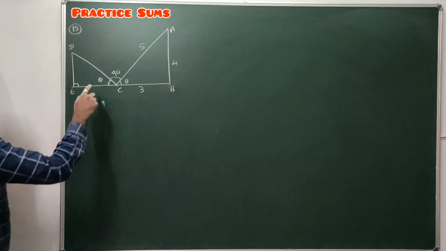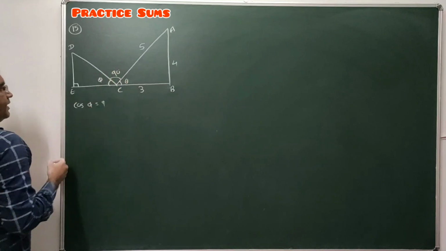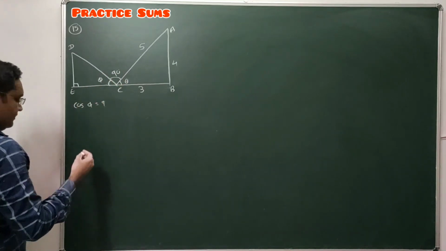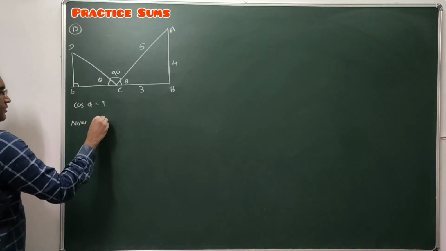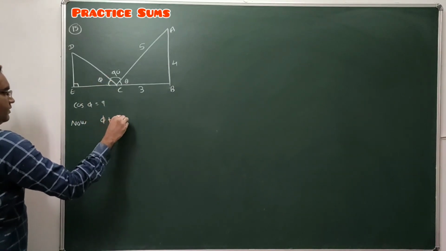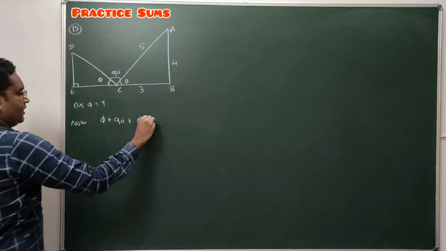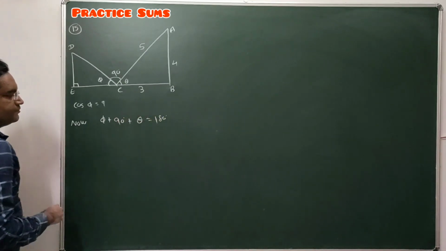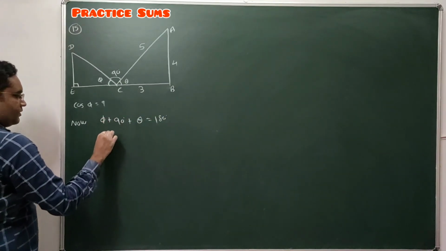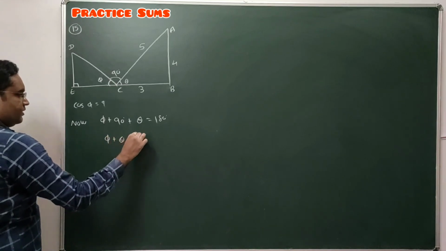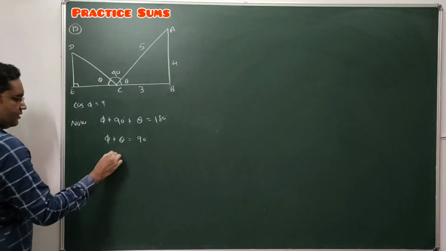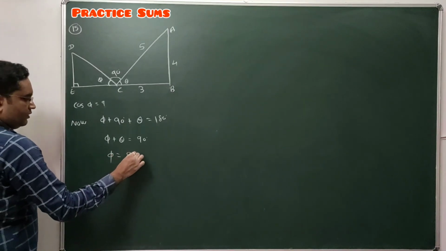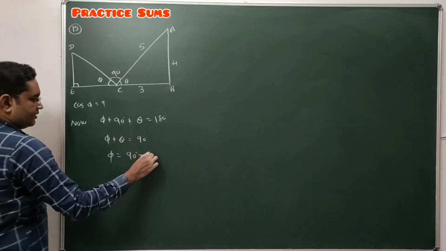So students, this is phi, this is theta, and this is 90 degree. This is a straight angle. So now we can say that the sum of this angle phi plus 90 plus theta equal to 180. So phi plus theta equal to 180 minus 90 degree, and hence we can write phi equal to 90 degree minus theta, taking theta on the right hand side.